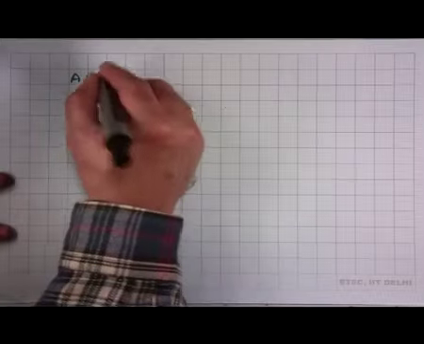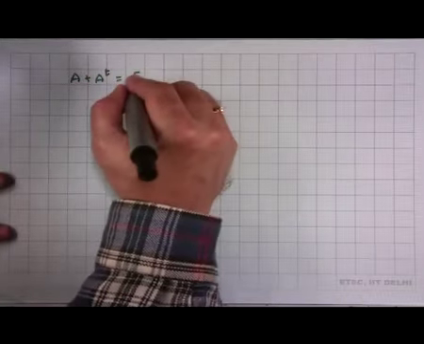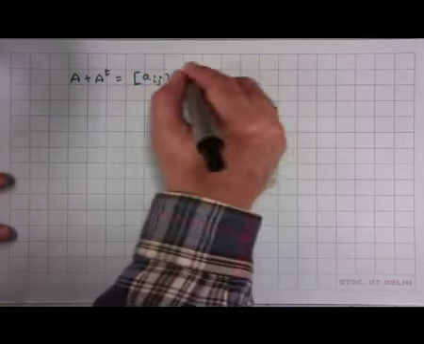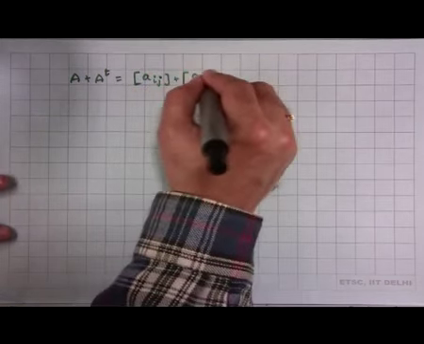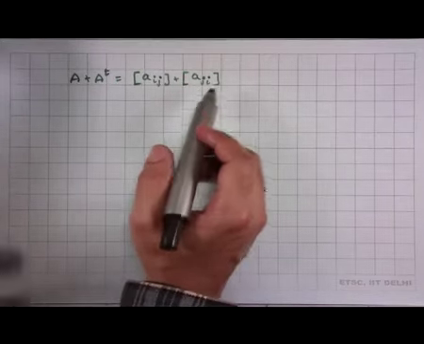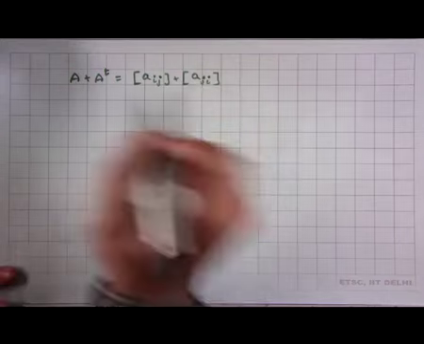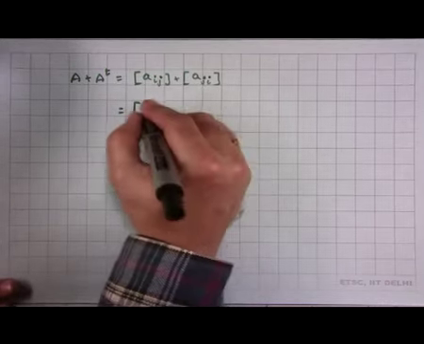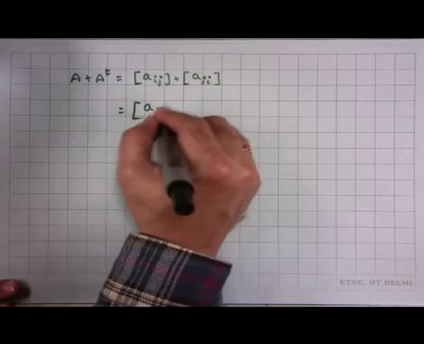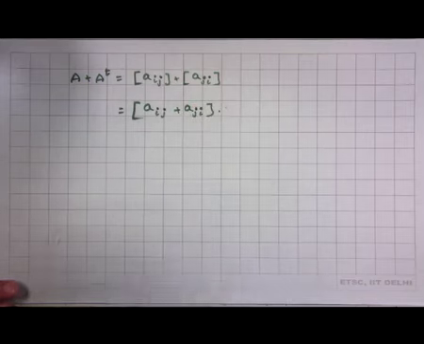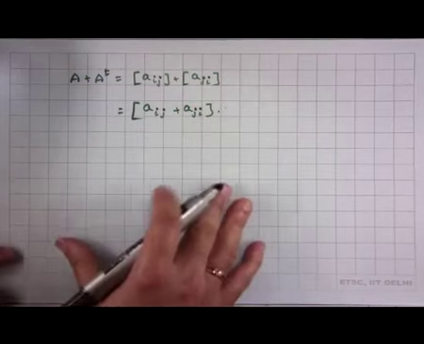A plus A transpose is given by the matrix Aij plus the matrix Aji. Right. But again by the definition of the addition of matrices, this is Aij plus Aji. Fine. This is what we have.